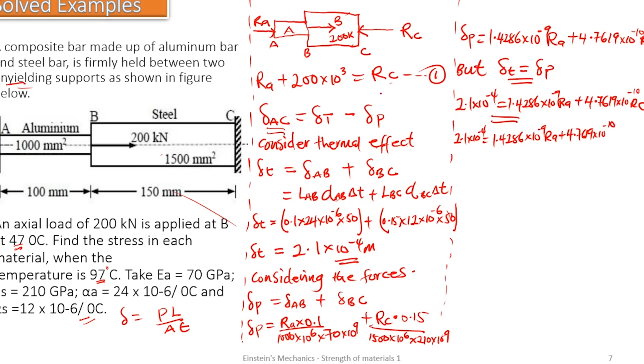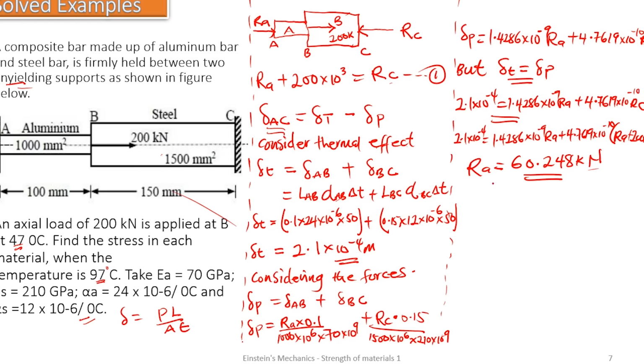In place of RC, I'll put the whole of this, RA plus 200 times 10 to the power 3. And making RA the subject from this, we are going to get RA, the reaction at A, to be 60.248 kilonewton.